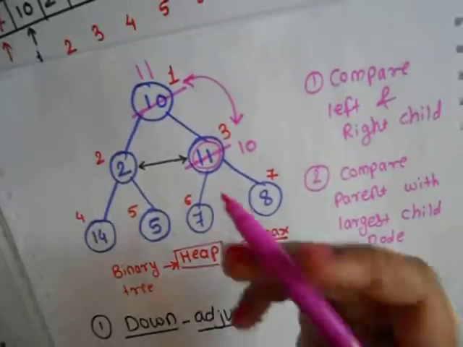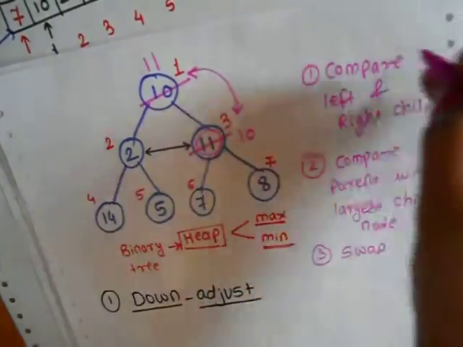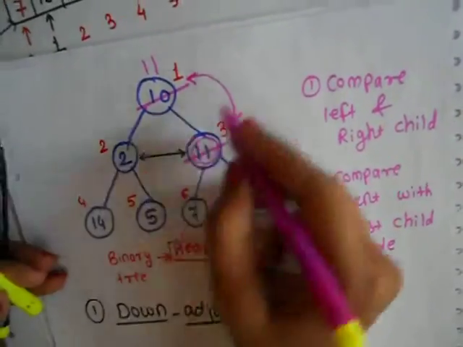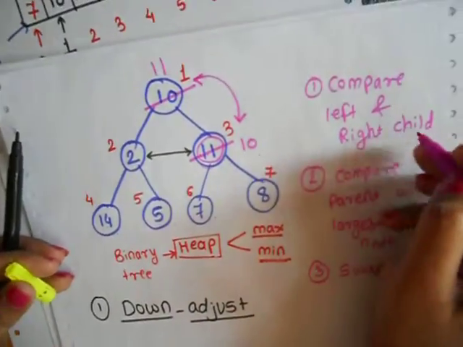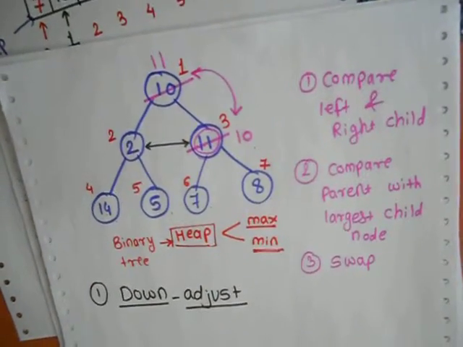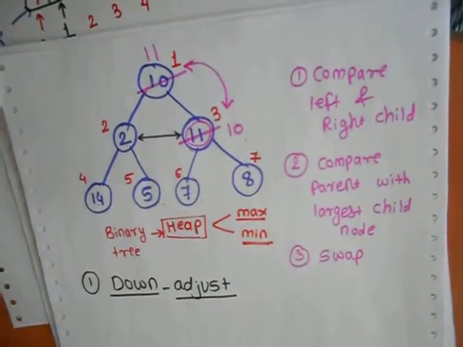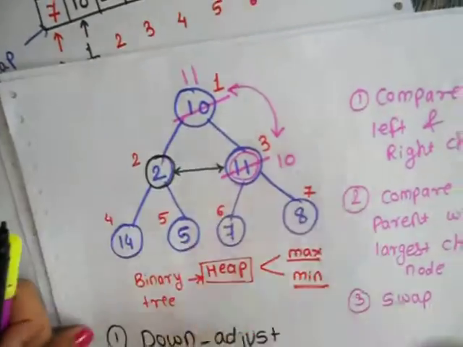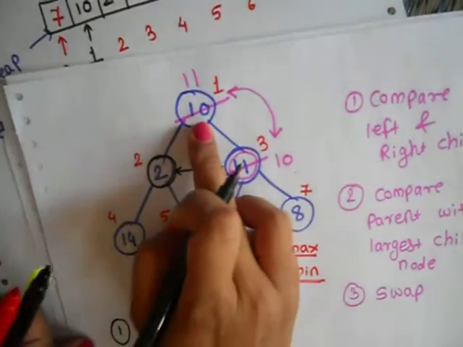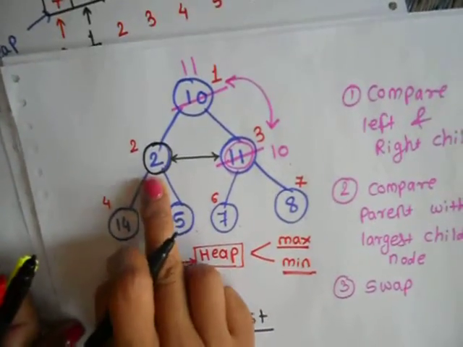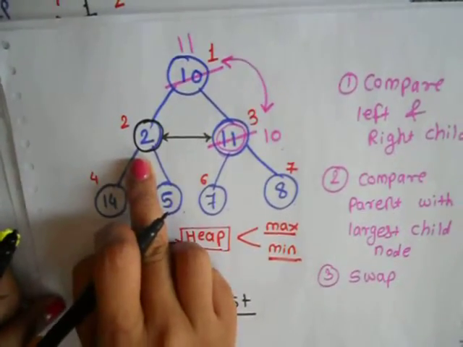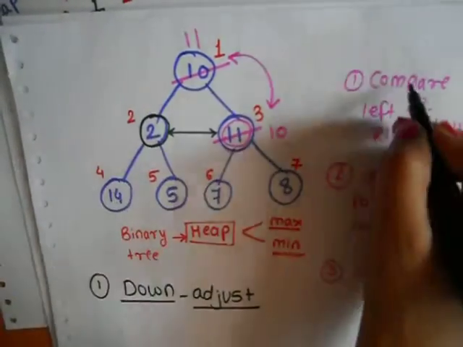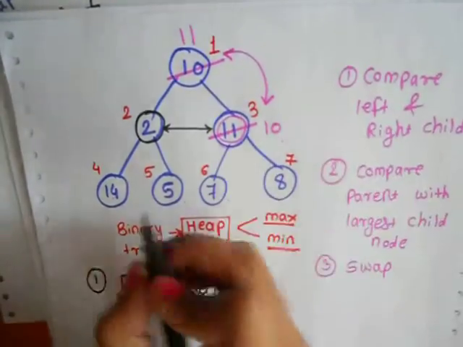Now we have to repeat this. Again we compare the left and right child. After the root node we go to the left child of the root. First compare the left and right child.